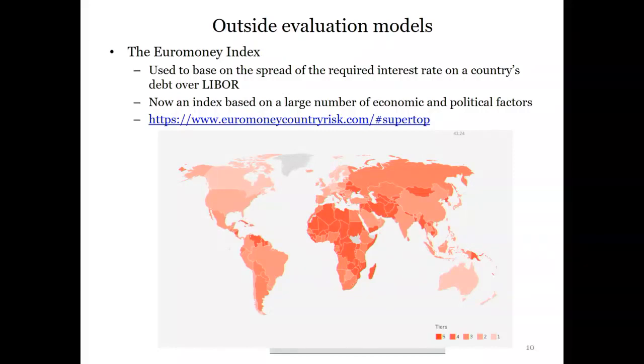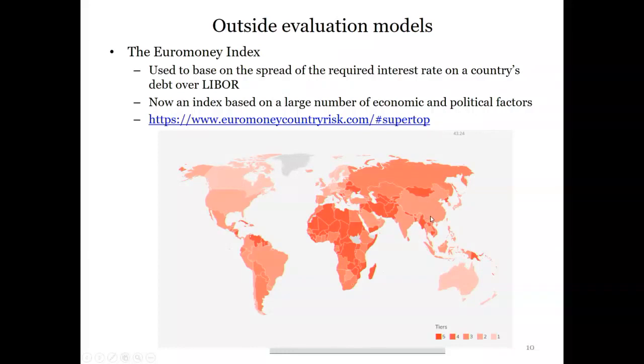They provide this world map where different countries are classified into different tiers. You can tell Australia and Canada are in tier 1, so the lightest color. And then we have the US, which should be maybe tier 2, slightly light but darker than Canada.